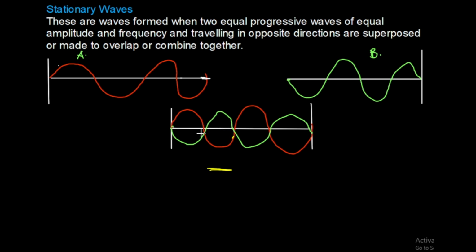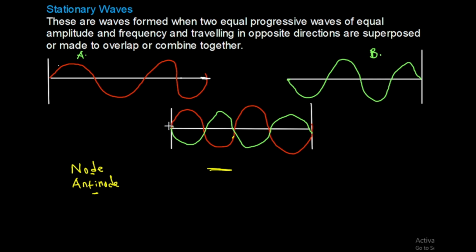Now, a stationary wave has some very, very important characteristics. And what are those characteristics? There are points on the stationary waves which we call node and also antinode. All right. Now the node is the point of minimum or zero disturbance on the medium, and antinode is the point of maximum or highest disturbance on the medium.